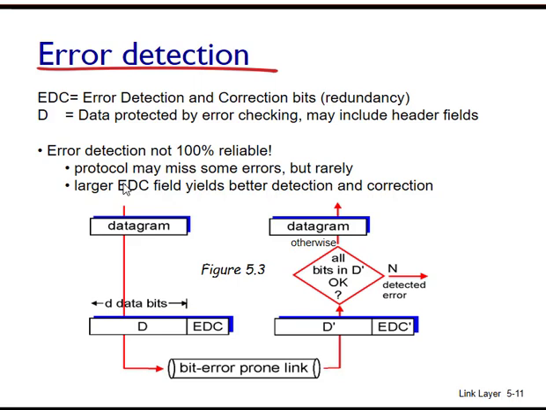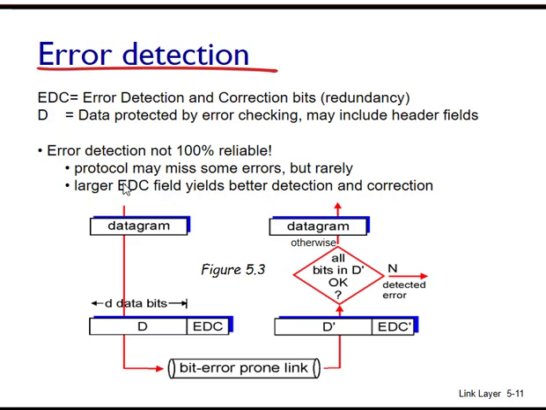Typically, the data to be protected includes not only the datagram passed down from the network layer for transmission across the link, but also link level addressing information, sequence numbers, and other fields in the link frame header. Both the data and the error detection and correction bits are sent to the receiving node in a link level frame.